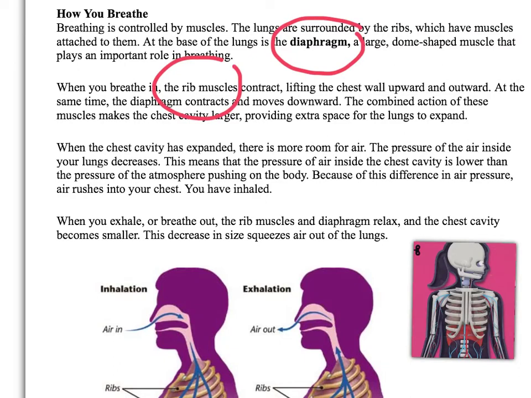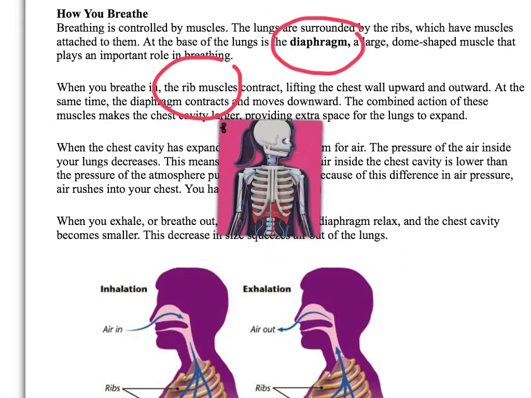They lift the chest wall up, and at the same time the diaphragm contracts and moves downwards, and this motion causes an increase in the amount of space in your chest, which causes the air to fill into your chest. Now let's look at that with our little video here.